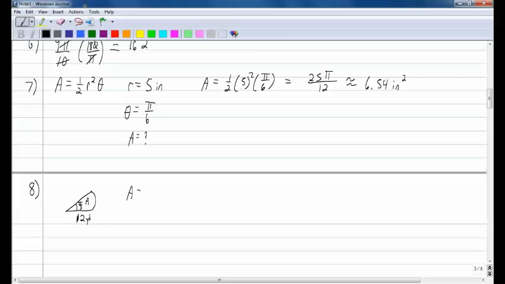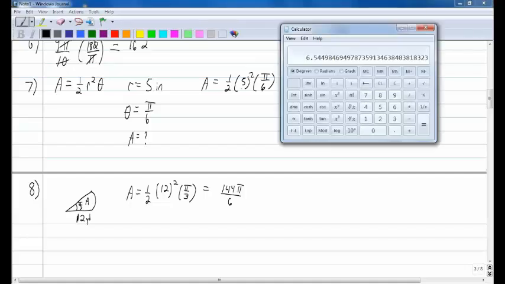So area equals 1/2 times the radius squared, so times 12 squared, times the angle measure. So 12 squared is 144. So this is 144 pi over 2 times 3 is 6. The directions say to round to 3 decimal places.